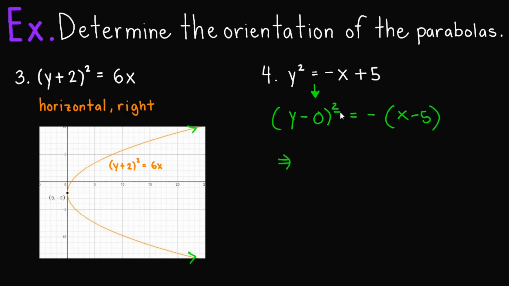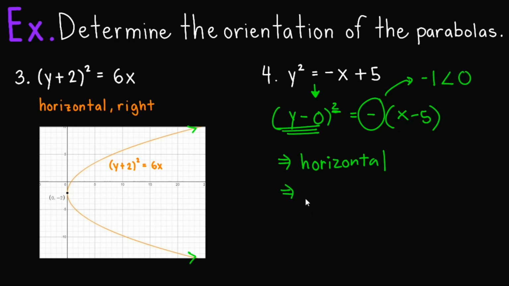First, where is the square located? Is it on the y variable or on the x variable? Clearly, it is on the y variable. So this parabola must be horizontally oriented. After that, we check this part out here. Is this positive or negative? Clearly, this negative out here, so this one represents negative 1, which we know to be negative, so it's less than 0.